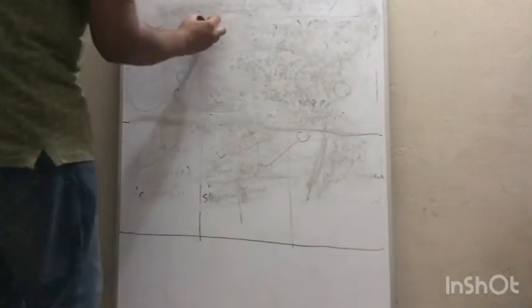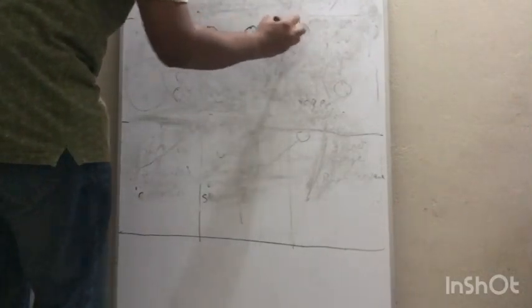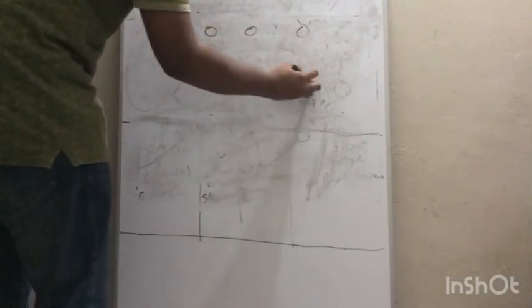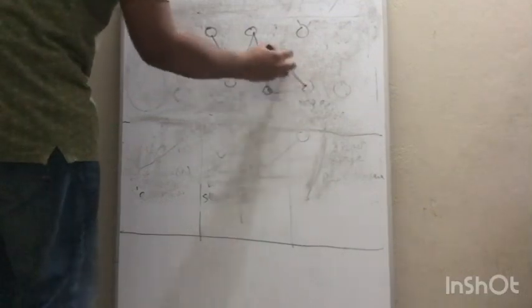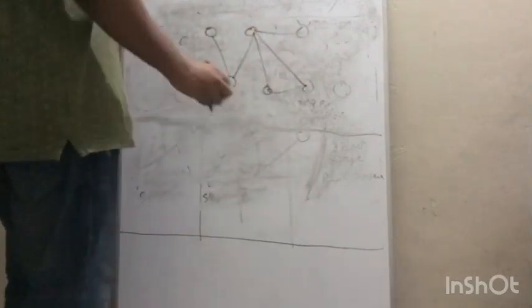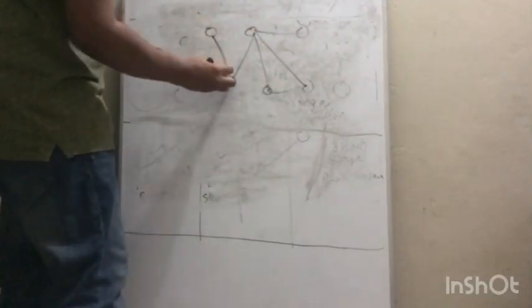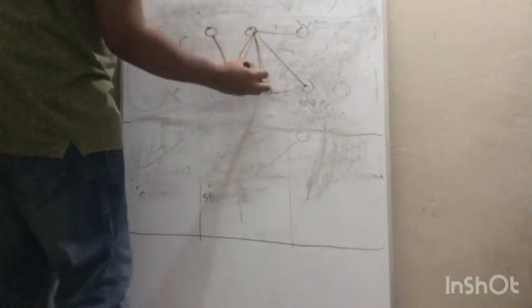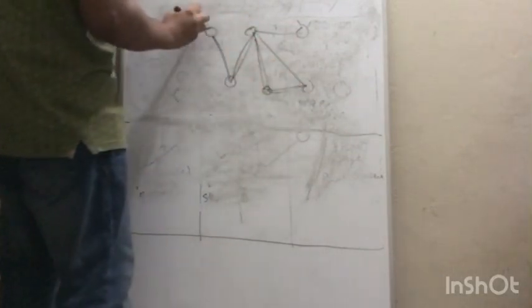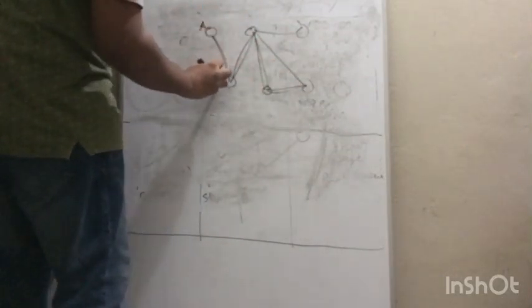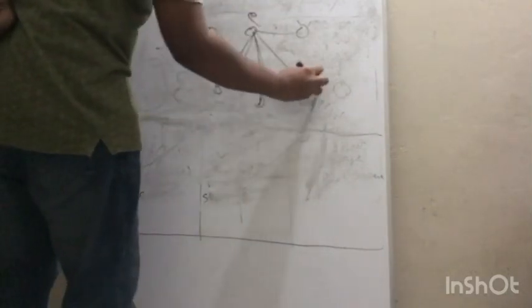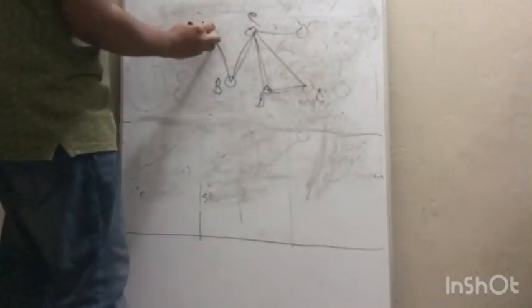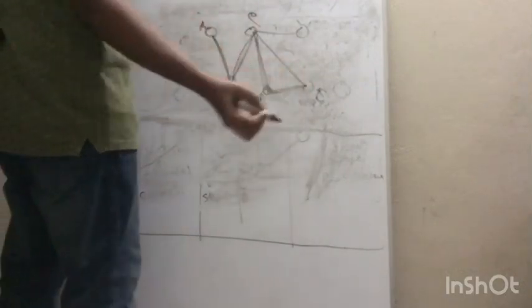Path. Suppose this is a graph. So we go from here to here, and again here, here. Suppose this is A, B, C, D, E. Is this a path?